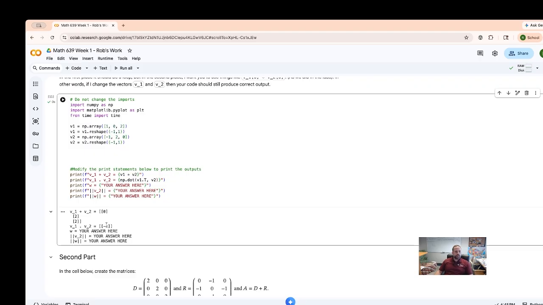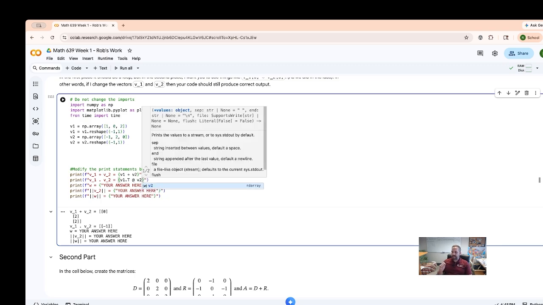Now, notice the interesting thing here is the return is a 1 by 1 matrix, which is just a scalar. Okay, a better way to do this, though, is going to be V1 dot T and then at V2.